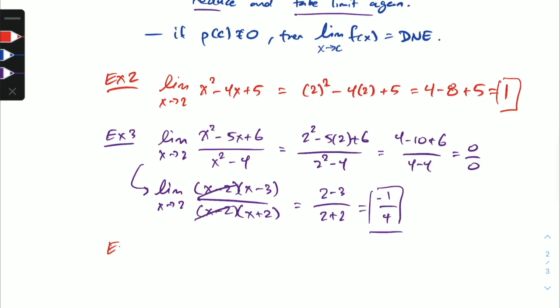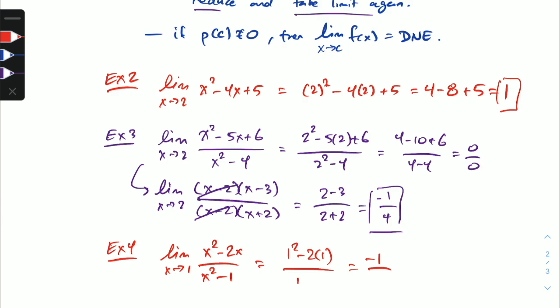Now, if the numerator and denominator polynomials are not both 0, then we might have a problem. So let's do an example like that. So here, if I plug 1 into the numerator polynomial, I get 1 squared minus 2 times 1. That's negative 1. If I plug 1 into the denominator, I get 0. So I get negative 1 over 0.